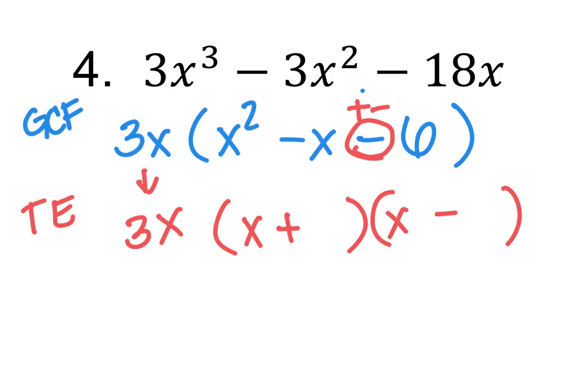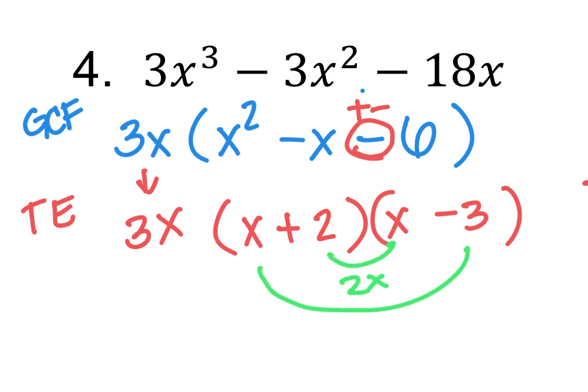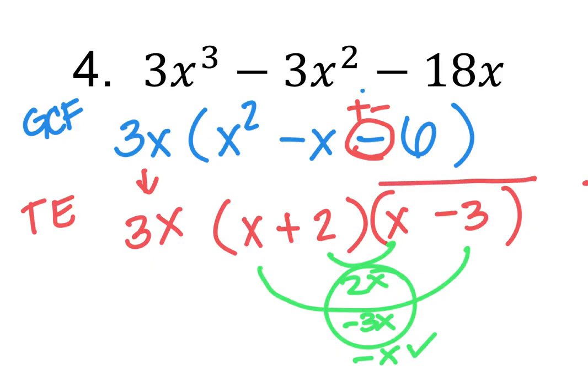And then factors of 6. Well, let's go ahead. We have 1 and 6, 2 and 3. Let's use the factors closest together. So we'll use 2 and 3. We can go ahead and check this, make sure we are correct. 2 times x is 2x, and then negative 3x. That gives us negative x, so that checks out. We are done.